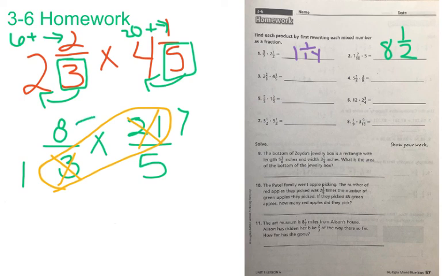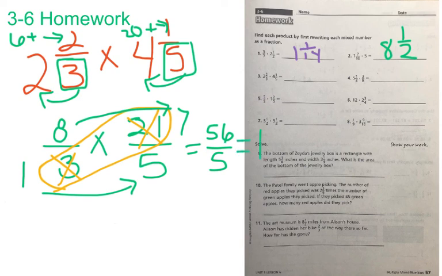Now I can multiply straight across. 8 times 7 is equal to 56, and 1 times 5 is equal to 5. I can now simplify because we have an improper fraction. 5 can go into 56 11 times because 5 times 11 is equal to 55. I'm left with a remainder of 1, which becomes my numerator, and my denominator stays the same. So my answer is 11 and 1/5.